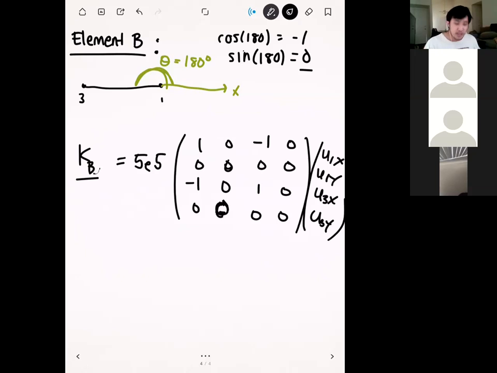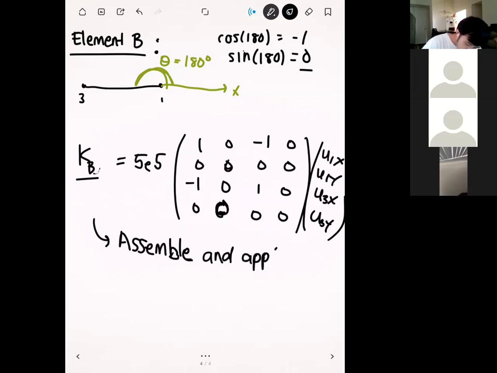So, same process that we've been doing. Right? Any questions on the element stiffness matrix for element B?